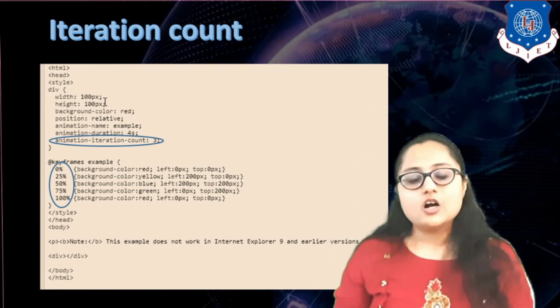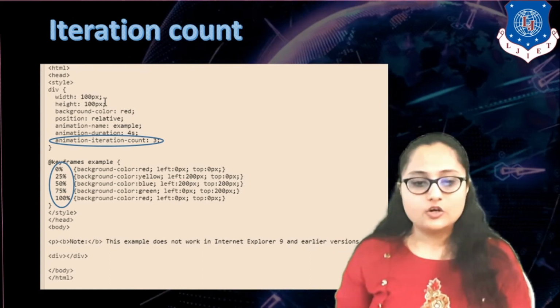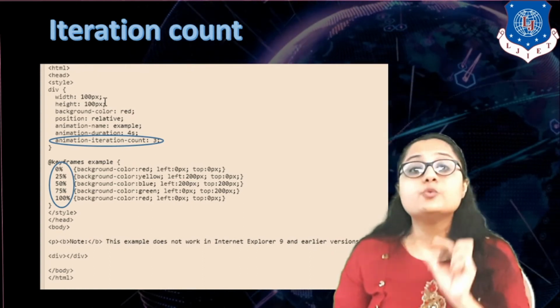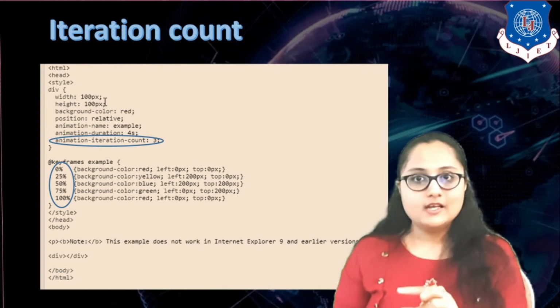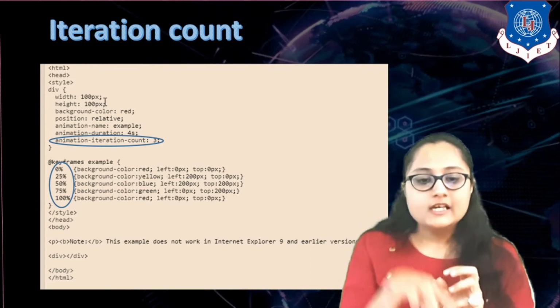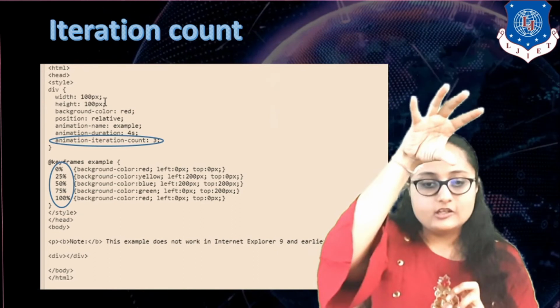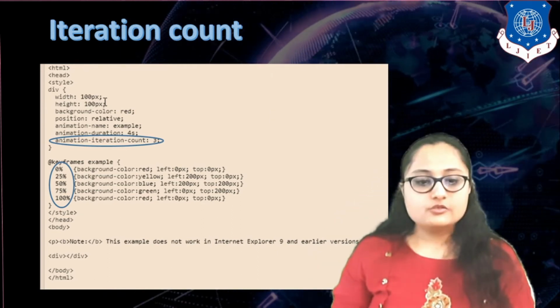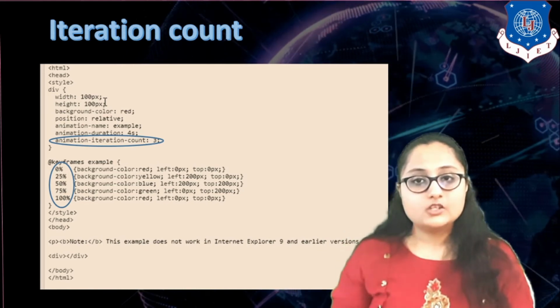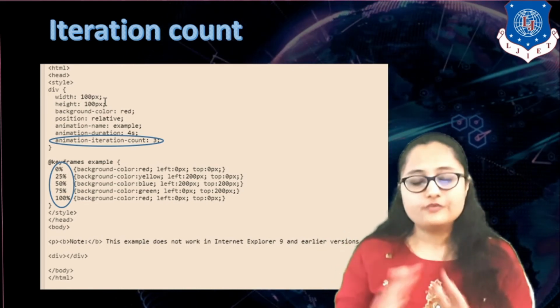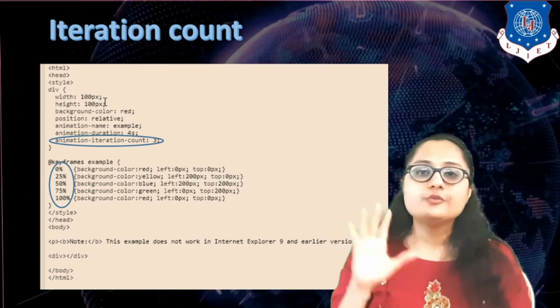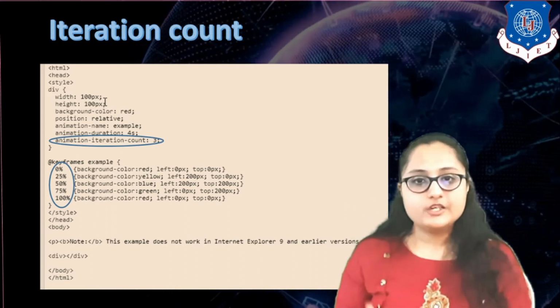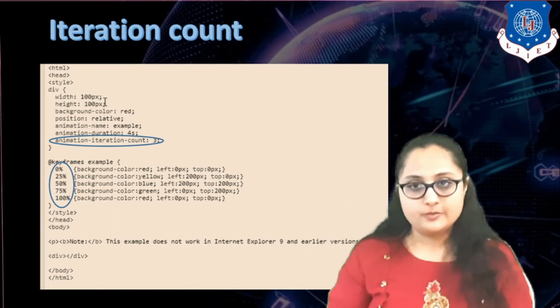So along with specifying the background color, we are also specifying the position of my division. So at the 0th moment it should be red color and at the top left. At 25%, it will be taking the next duration. Your 4 seconds will be divided into 5 portions: 0%, 25%, 50%, 75% and 100%.